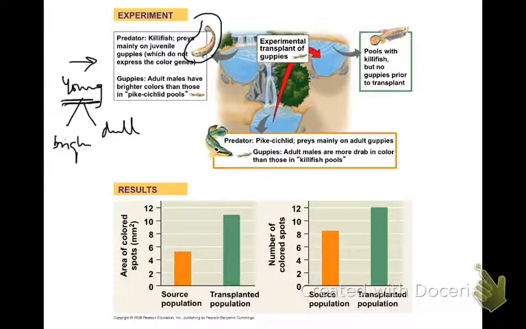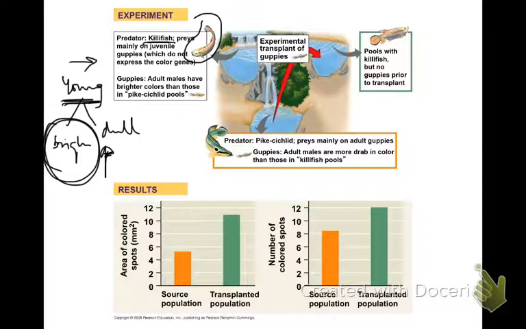They were equally attacked by this particular fish, killifish. So in this, the adult males have brighter colors than those in the pike cichlid pool, meaning you did have brightly colored fish higher in number in this one.